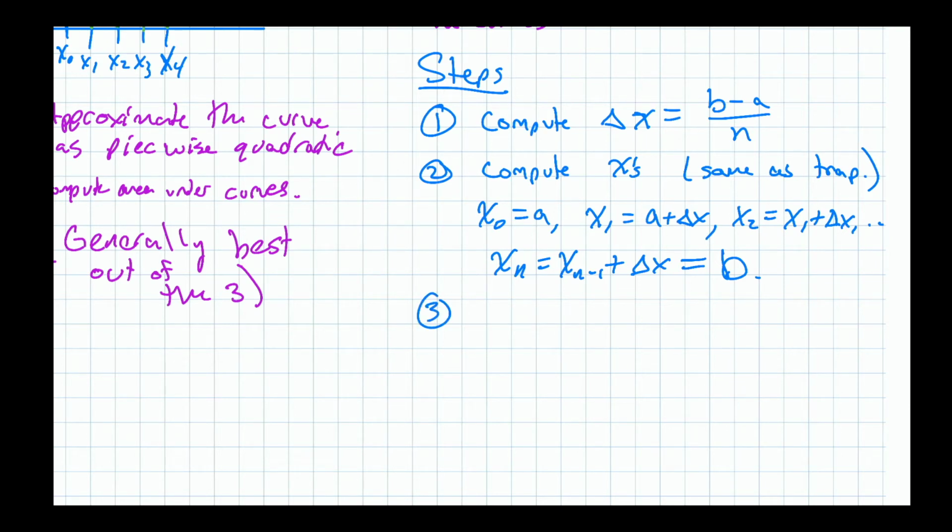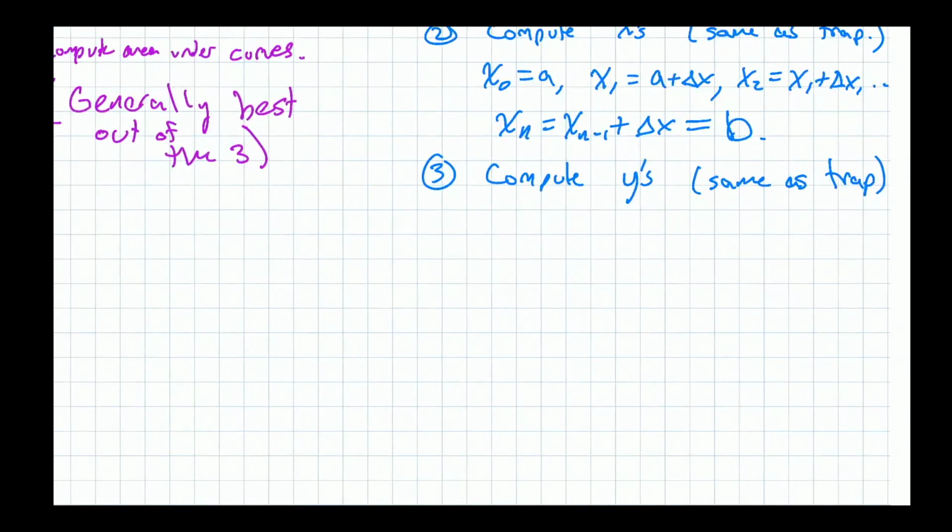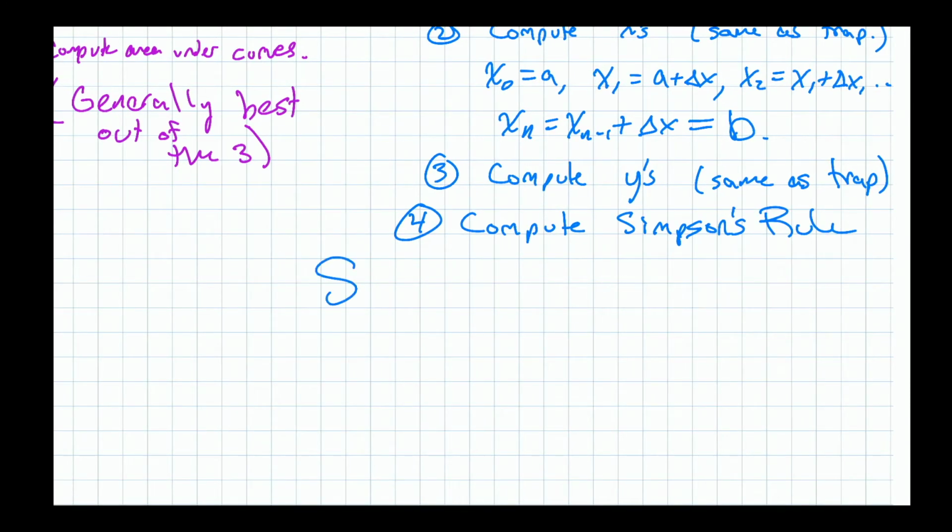Then you compute your y's, which is the same as the trapezoidal rule. And then you can compute the actual Simpson's rule. Now Simpson's rule is going to be this. I'm going to say S sub n for Simpson's rule, and it's a different formula.